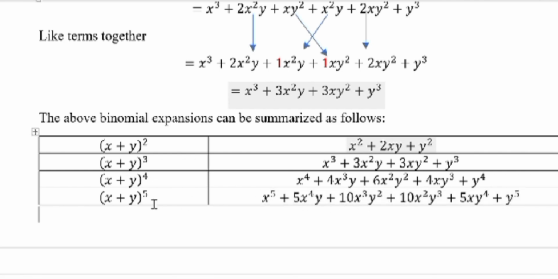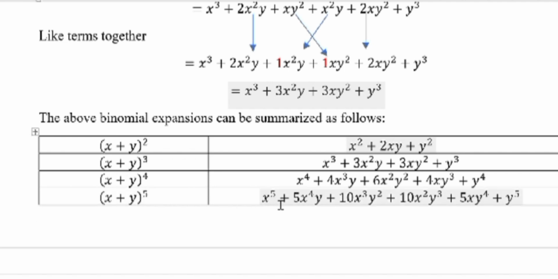Now, as far as the second term is concerned, you realize that it starts from absence of y, then y raised to power 1, y raised to power 2, y raised to power 3, y raised to power 4, and the last one is y raised to power 5. And you realize this power 5 is the same as the power to which the binomial was raised.